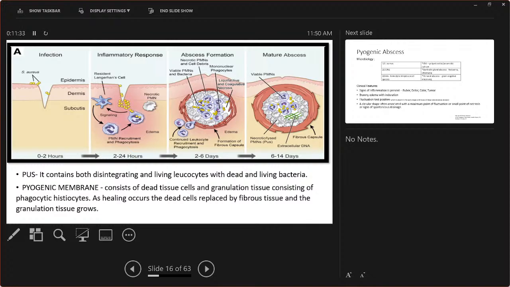Pus is basically a straw-colored fluid which consists of both dead and living leukocytes and bacteria. Around this pus-like substance, a pyogenic membrane is organized, which consists first of the dead tissue, then the granulation tissue. With time, the dead tissue becomes fibrous, and the granulation tissue keeps growing.